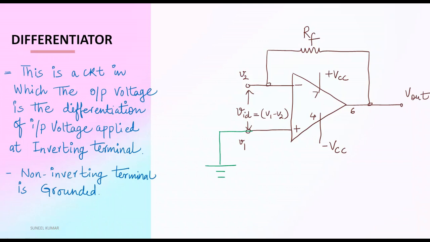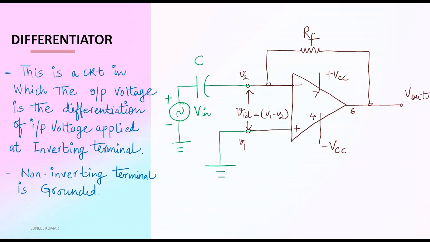We are going to connect a voltage source with a capacitor at the inverting terminal. Let's say this is C, and this is the input voltage source. So this circuit becomes the differentiator circuit.